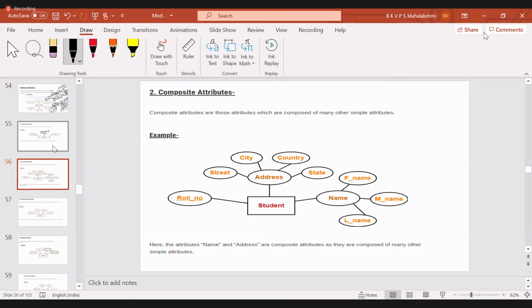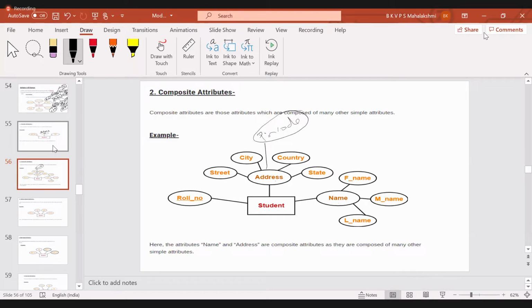Coming to address, it is also a composite. Then what other attributes may it consist of? You have to mention the composition of the other attributes here at the next level. And if you want, you can even add one more, pin code. It is all your wish. No need to learn anything by heart.